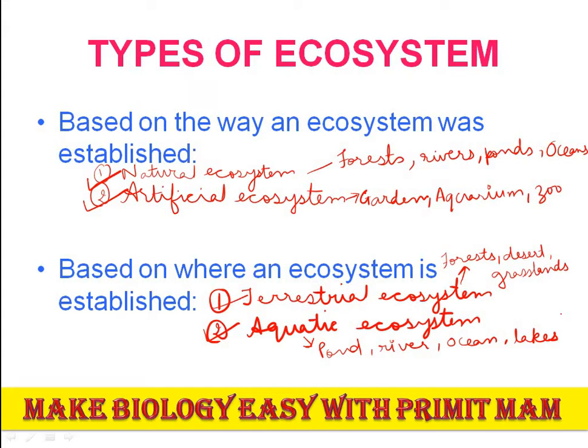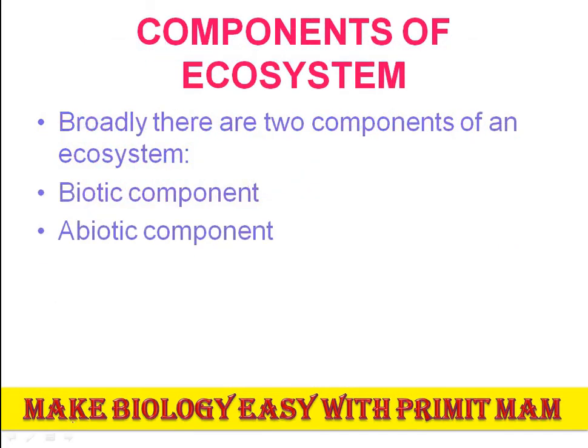Now let us move to the next topic. That is components of ecosystem. Broadly, there are two components of an ecosystem. The first one is the biotic component and the second one is the abiotic component. Bio means life.